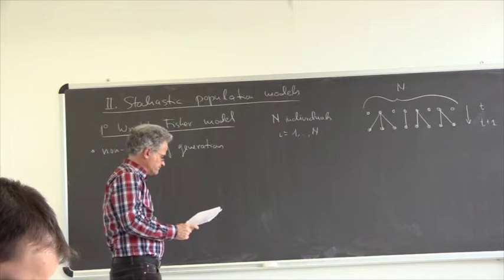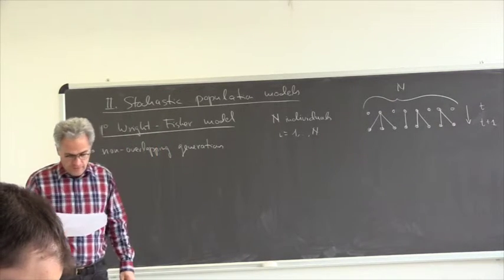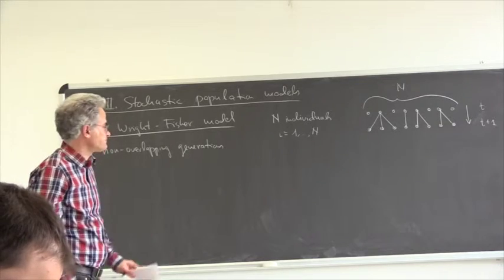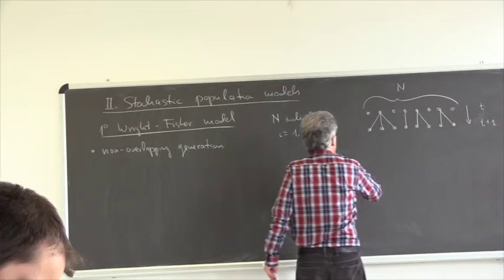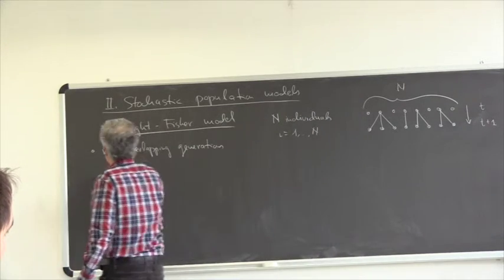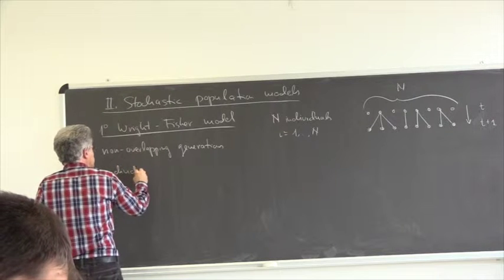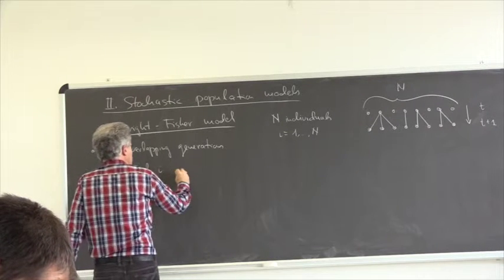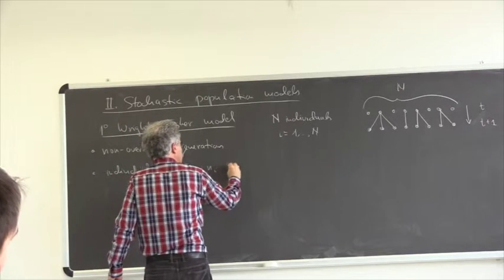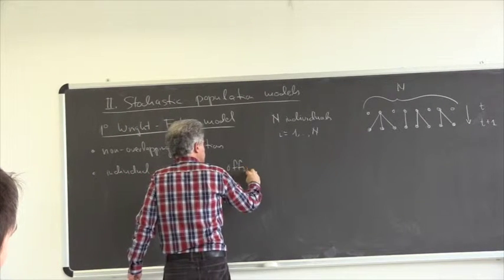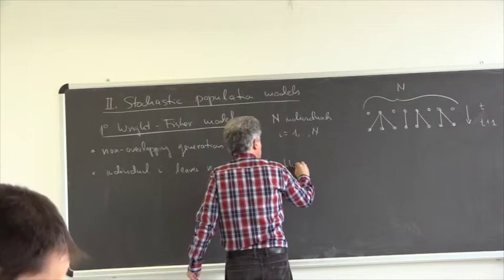And what we need to specify is the statistics of these offspring. So let's say individual i leaves n_i offspring in the next generation.